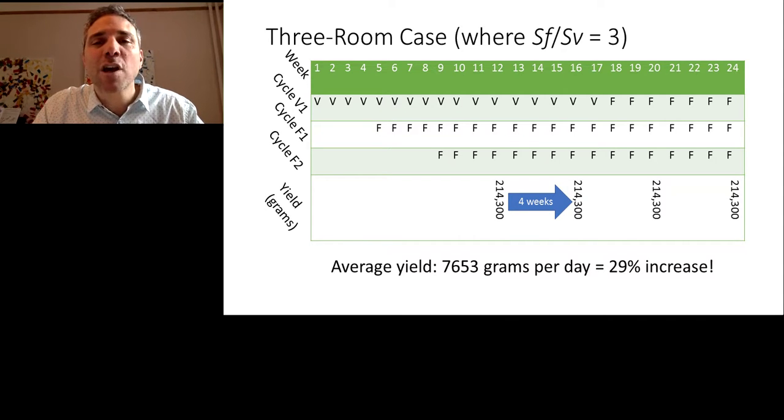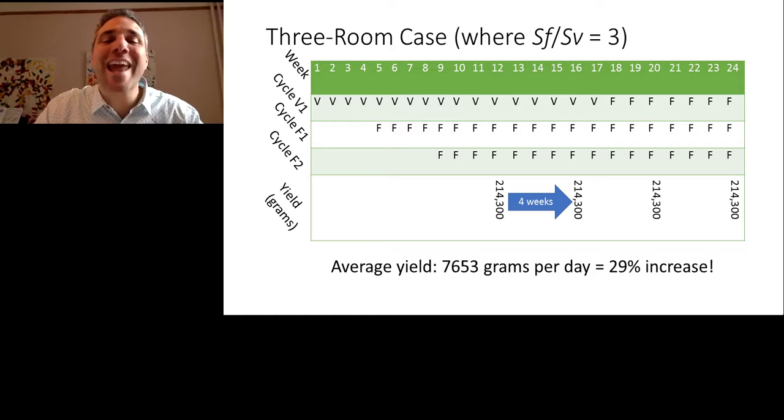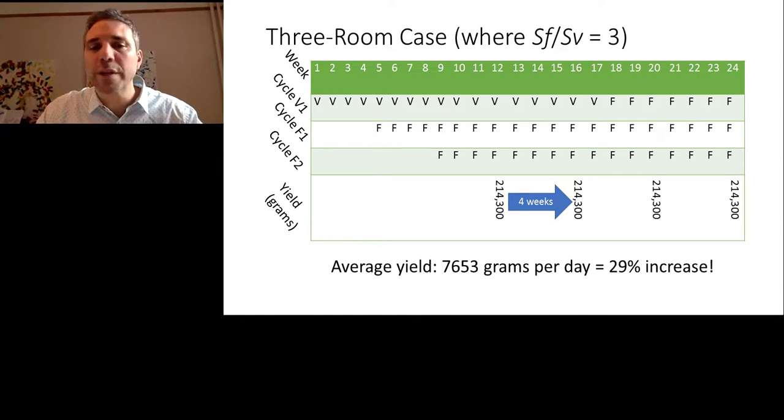And you see that now the space is much more highly utilized, right? You see the same sort of dynamic. The first harvest, which still takes 12 weeks, is now less than half the 1-room case. But the time between harvests drops from 12 weeks in the 1-room case to 4 weeks, right? So we have a much shorter harvest cycle after the first harvest.